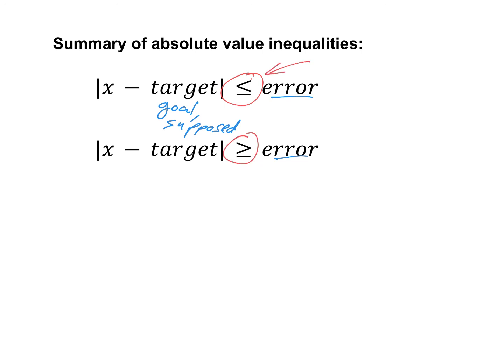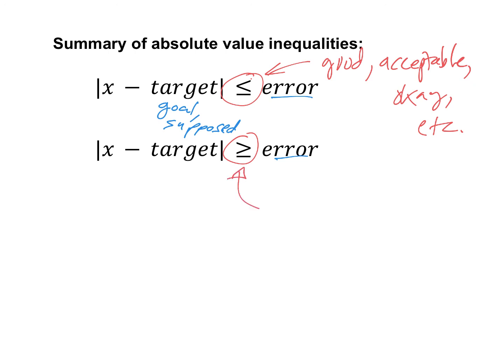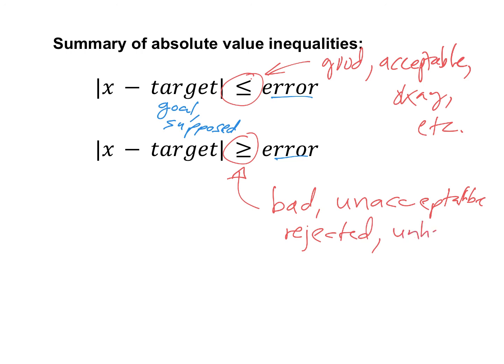Less than, as I mentioned, is when you're looking for the good or the acceptable, the okay ones. Or in the case of greater than, that's when you're looking for the bad ones, unacceptable, the rejected ones, maybe unhealthy. Again, when it's too big or too small, etc.